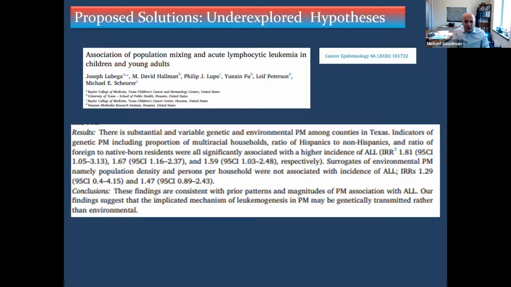So this is just one recent example, just a couple of years ago, that looked at the clustering of acute lymphoblastic leukemia, or lymphocytic leukemia, in the state of Texas, and examined whether or not this clustering seemed to be associated with population mixing. And they found some support for that hypothesis.